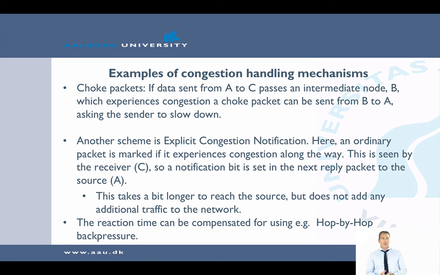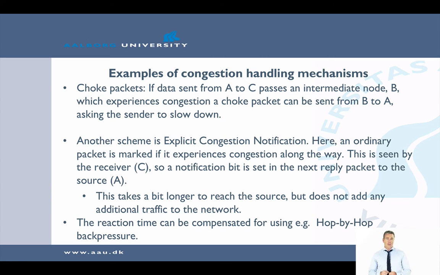Then you have another scheme which doesn't require any new traffic to be added, and that is called explicit congestion notification. So here, if a packet is experiencing congestion along the way, we mark it somewhere in the header.